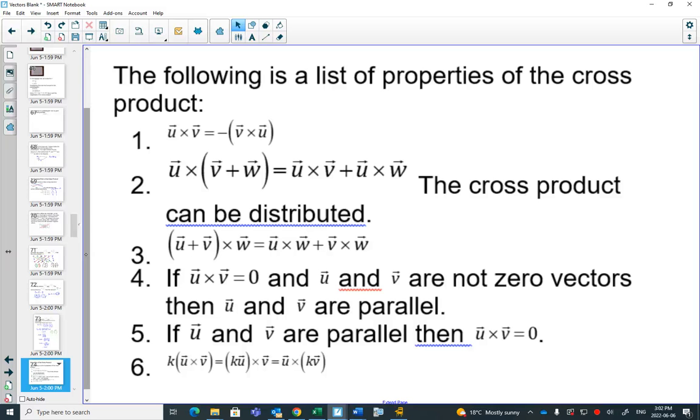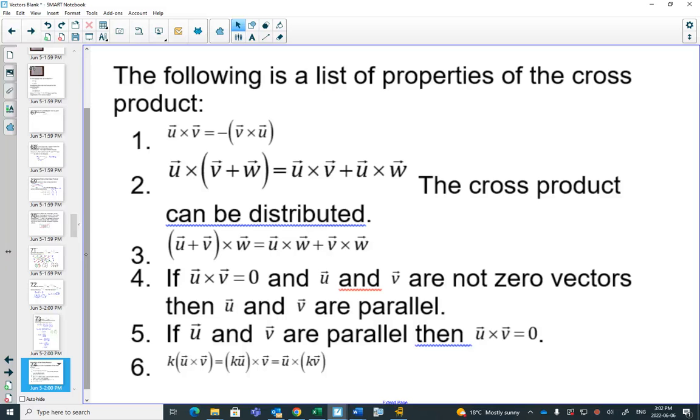You just have to add components. Cross product, even if you use what I think is the easiest method, which is that determinant method, there's still a lot of multiplying and things, and then you would have to do that twice before you added them up. So yes, you can distribute it. Recommendation, no. Okay?